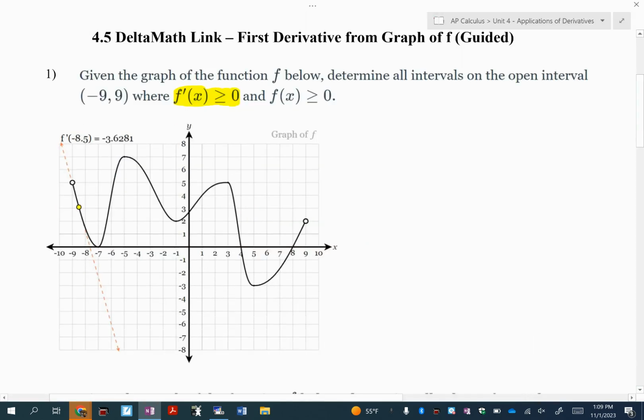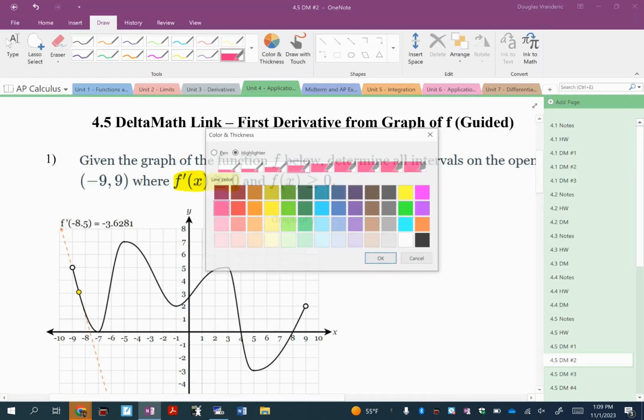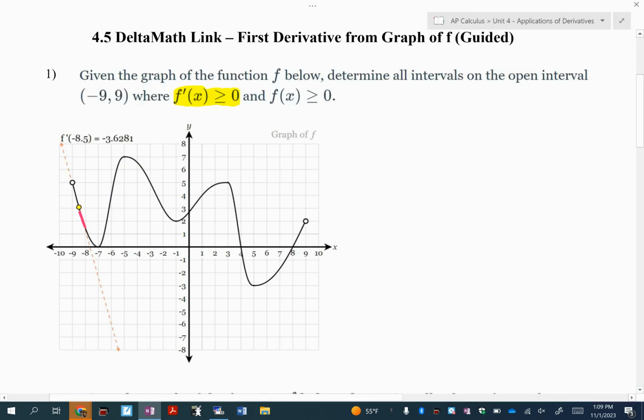Okay? So if I look at this first one here, I don't know why I keep hitting highlighter, guys. I'm so sorry. There we go. Is that positive? Is that pink line I just drew positive? No. So am I going to be counting anything there? No. But after I get past -7, what's happening? Those are positive.